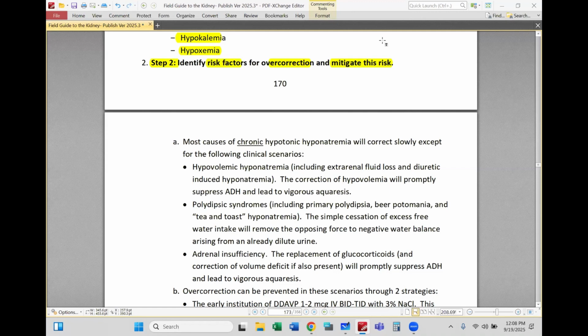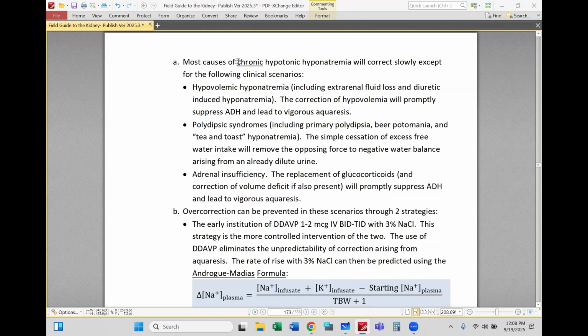Okay, so most chronic hypotonic hyponatremic patients will correct slowly, except for the following clinical scenarios.